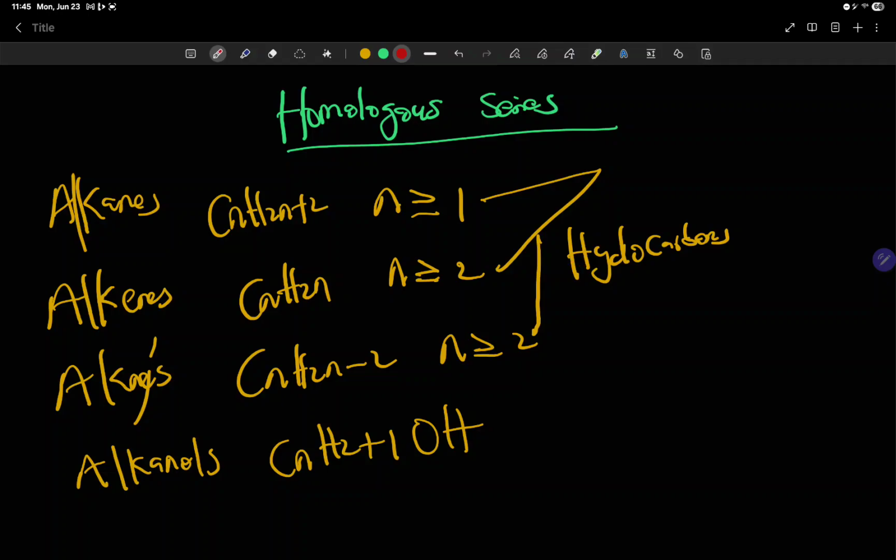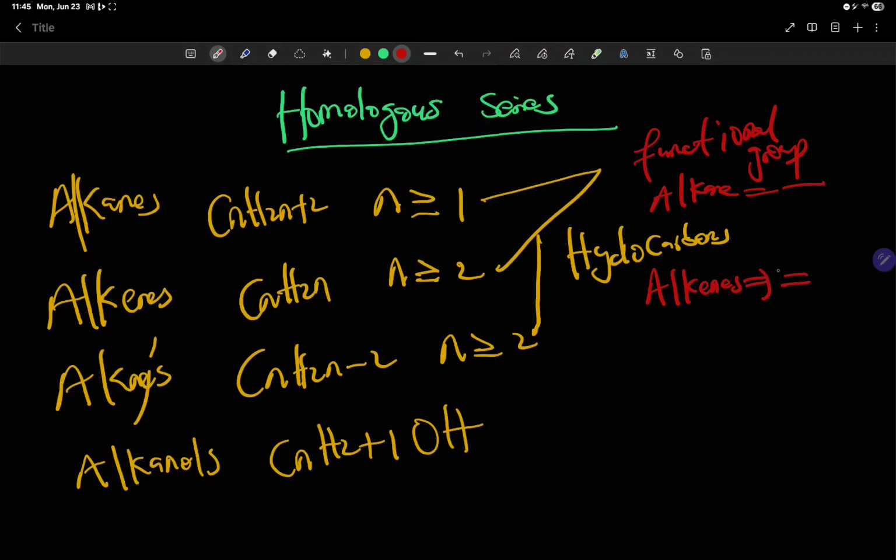Now, the functional group for alkanes is a single bond. The functional group for alkenes is a double bond. Then the functional group for alkynes is a triple bond.